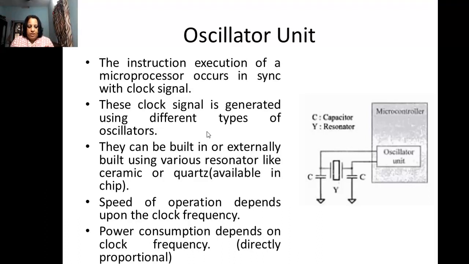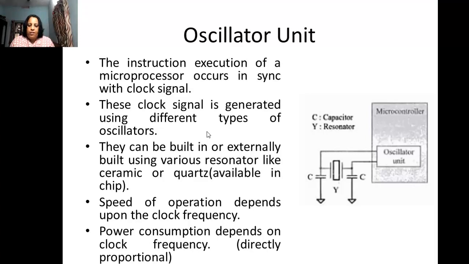The clock frequency cannot go beyond a certain threshold. We cannot blindly increase the clock frequency. It will always be at a certain threshold level. Why is that? Because if the clock frequency goes beyond this threshold level, the processor may not give you a predictable output.